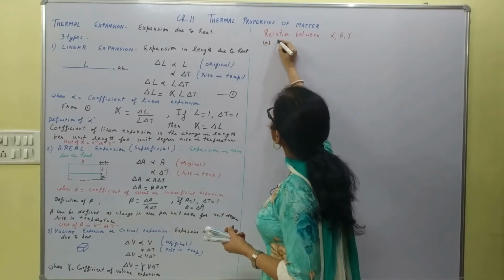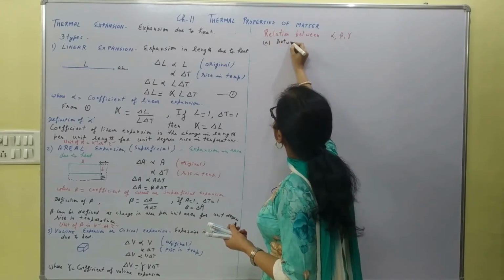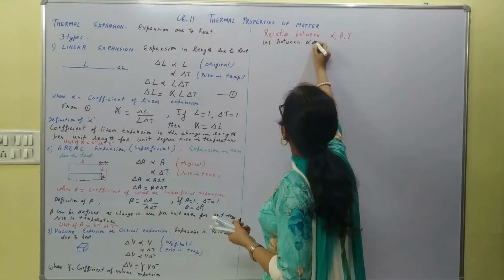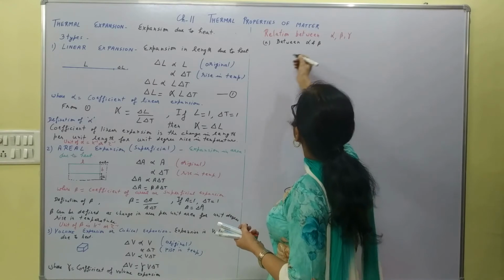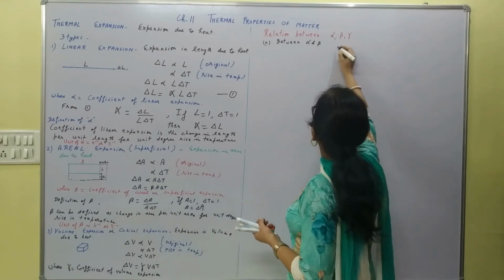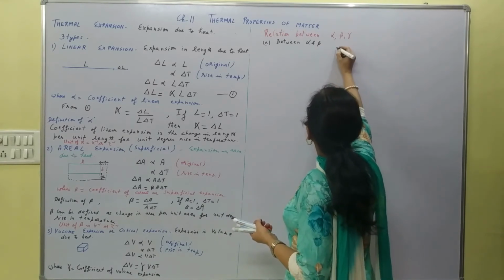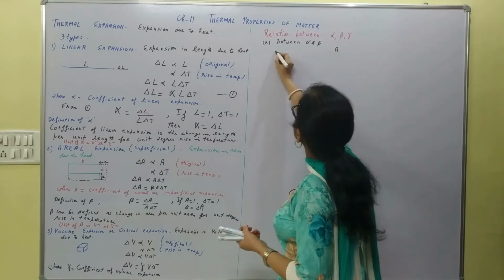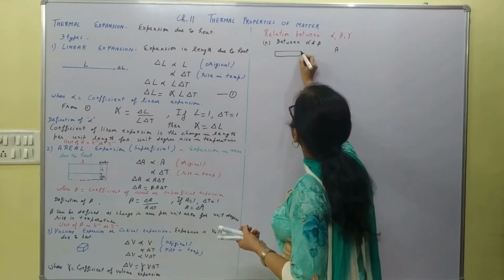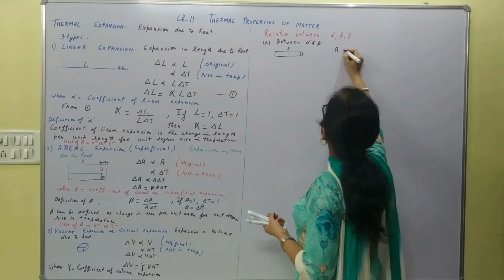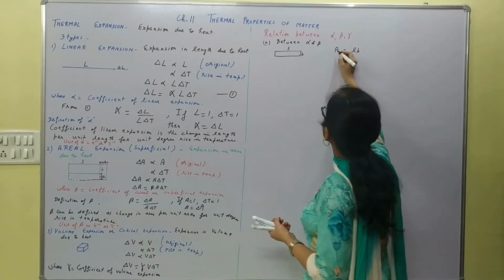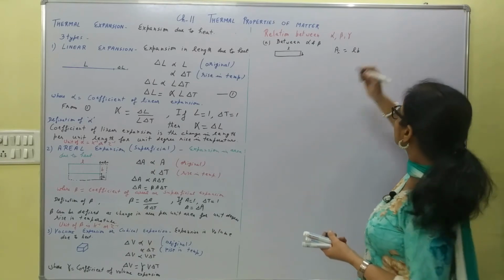So we will first write down between alpha and beta. For that, if we write the original area, you can consider the same diagram as L into B, initial area.